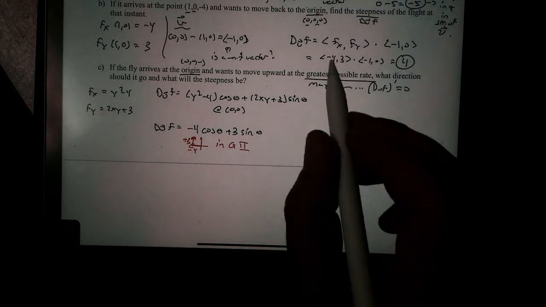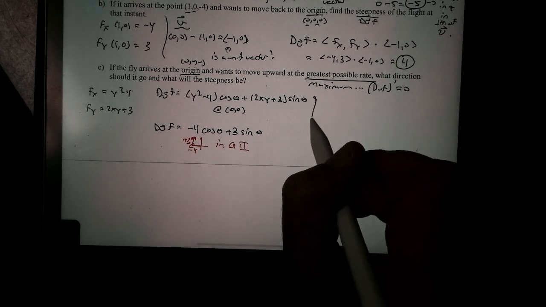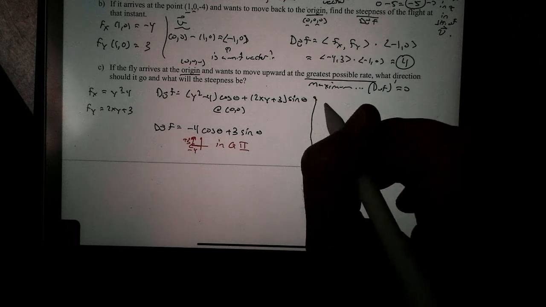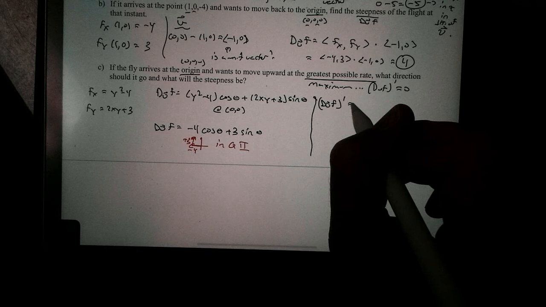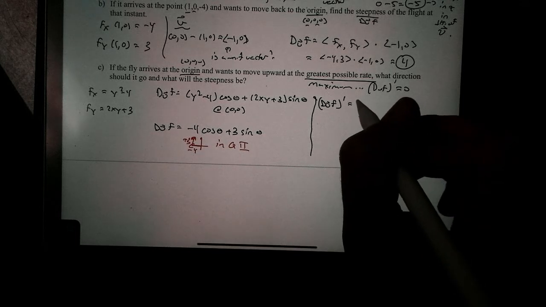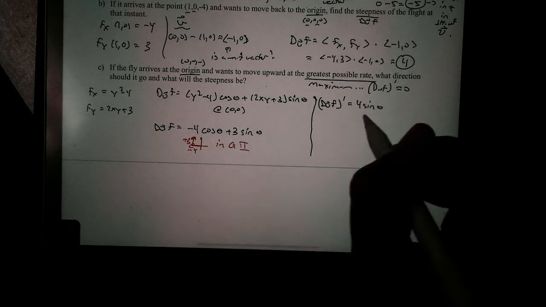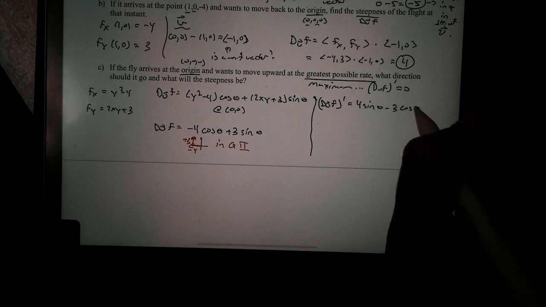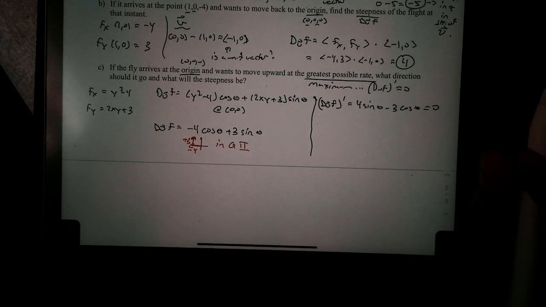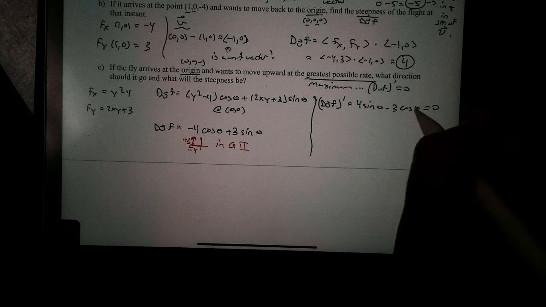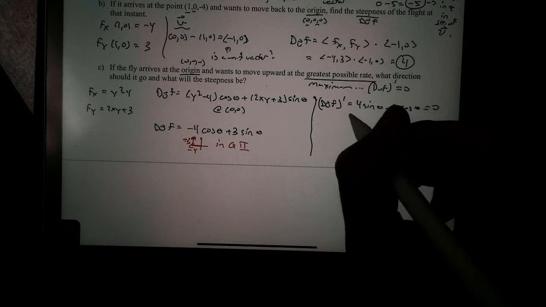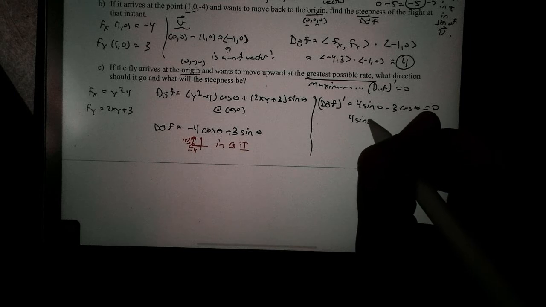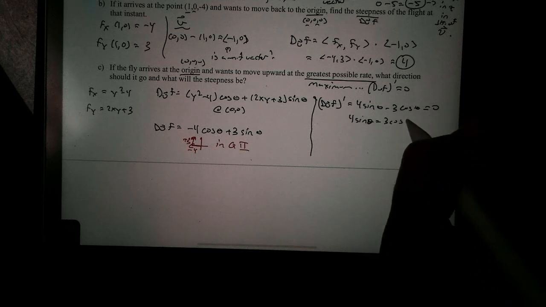All right, so let's go ahead and continue this. So we want to find the maximum possible, so we are going to take the derivative now, f prime, and that becomes 4 sine theta plus 3 cosine theta. If we set that equal to 0, and if I solve this, this is going to be kind of crazy, okay? We get 4 sine theta equals 3 cosine theta.